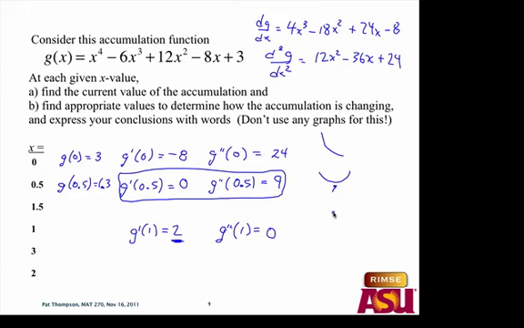So the accumulation is going up, staying steady, or going down, first of all? Going up. And that there's no change in the rate. How is it going up? Yeah, like at a constant rate momentarily.